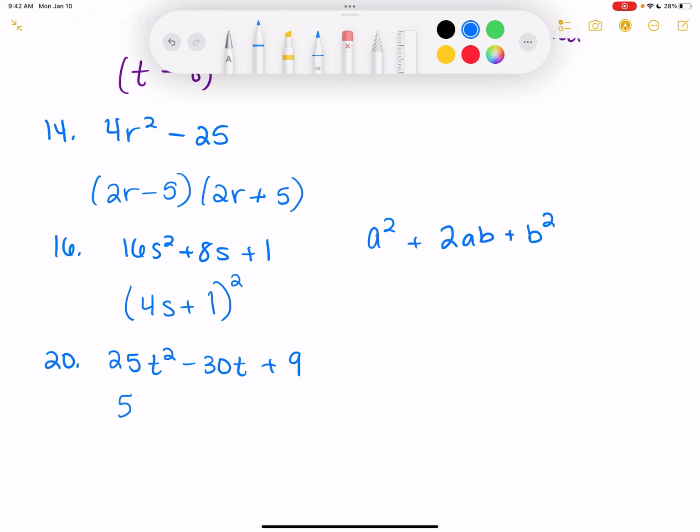So you could rewrite this as 5 squared t squared minus, if you want to do it so you can see it, 2 times 5 times 3, and then t plus 3 squared. I wrote times 6 at first, because I was thinking 5 times 6 is 30, and then I realized, wait, it's times 2. If that helps you see it and you want to rewrite it, you can. Or you could even leave the middle term as it is, because you don't really need to worry about the middle term, other than if you're checking if it's a perfect square trinomial.